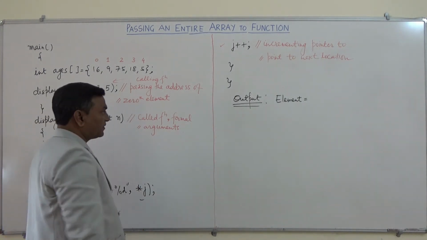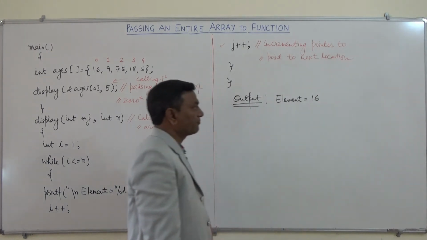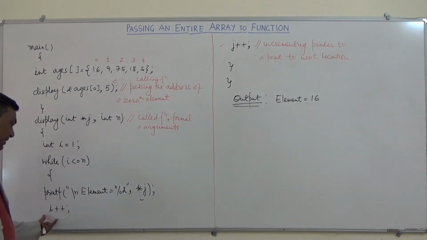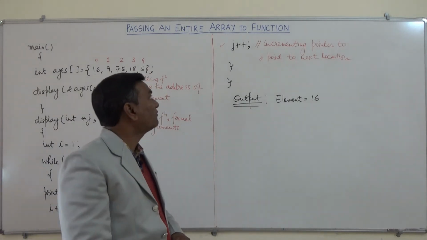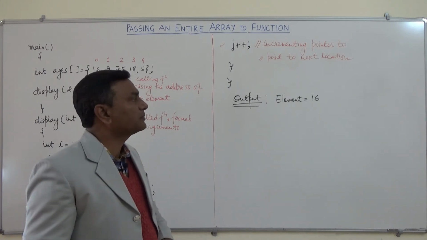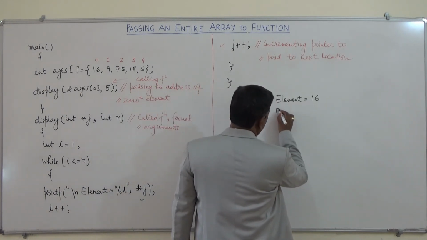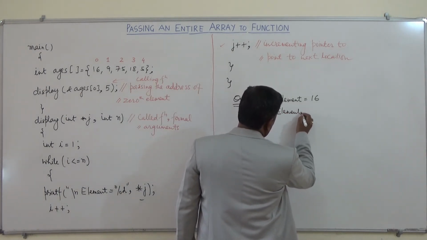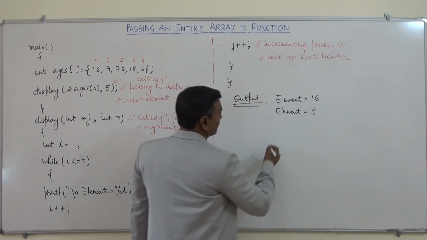So in the first case it will print 16, then I is incremented, and now I will be 1, and the value of this pointer is also incremented, or we can say this also increments the location. So at the next location it will print the value, which is 9.